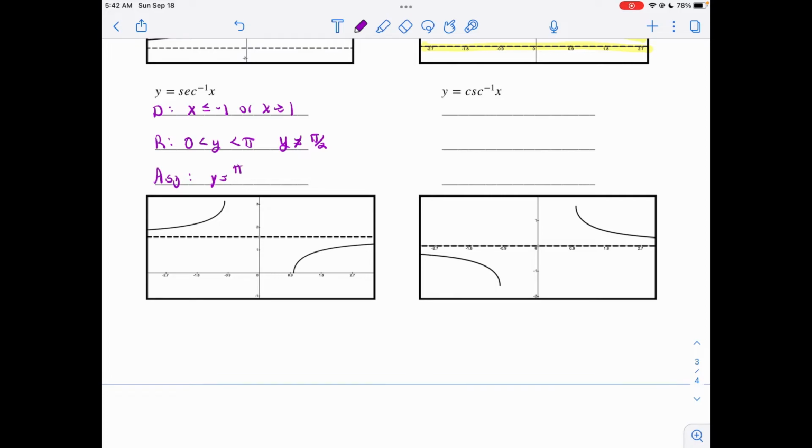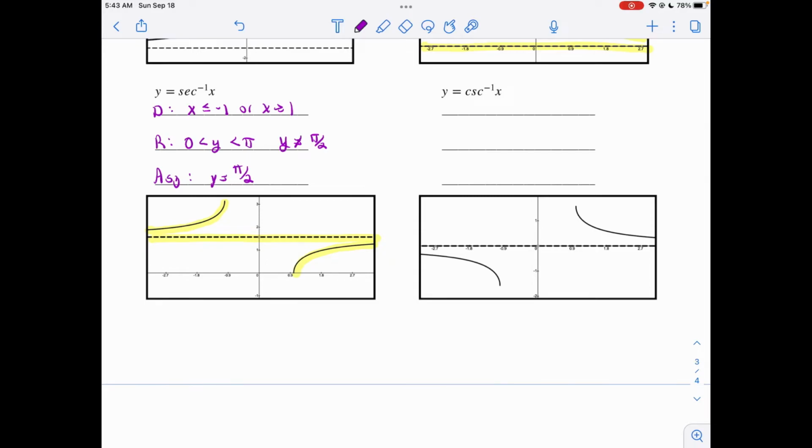And that's because our asymptote is at pi over 2. So here is what the inverse secant graph looks like. You have the curve stopping at x equals negative 1, and then starting back at x equals 1, you have another curve that goes up and over, approaching your asymptote at y equals pi over 2.